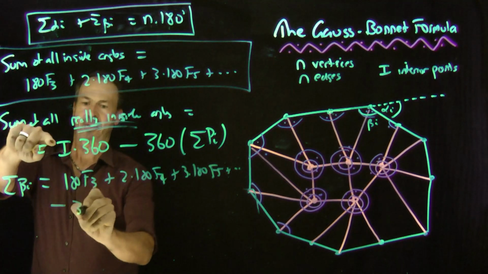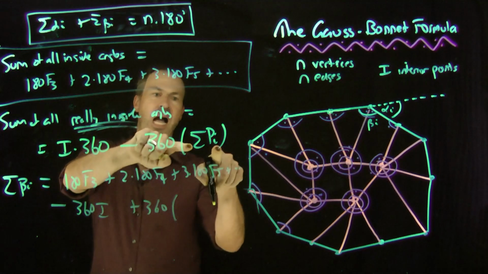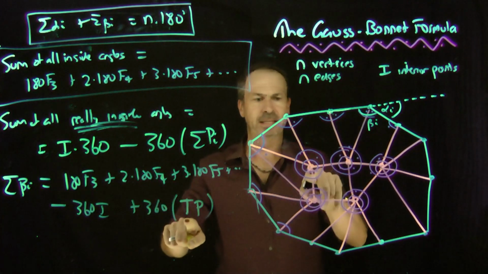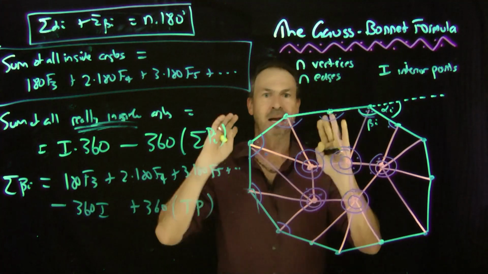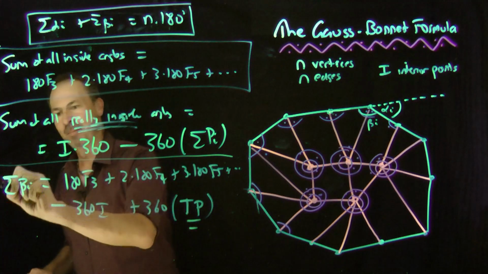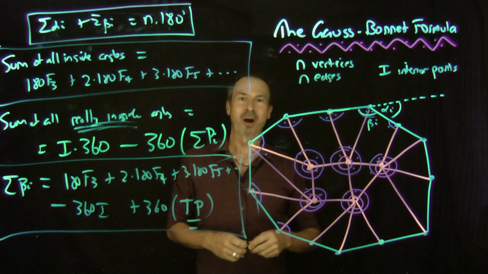Take away 360 I, plus 360 times the total pointiness inside the polygon. So there is a formula for the sum of the interior angles, and it's truly horrid.